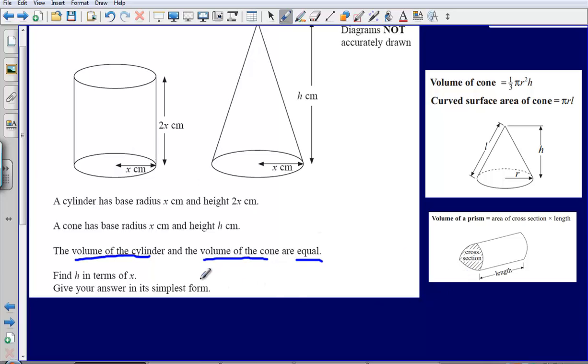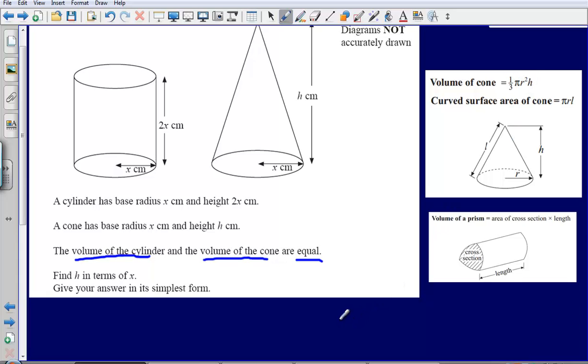So what I can say first of all is let's write out the volume of a cone using the values that we've been given here. We've been told that the radius is x centimetres, so I'm going to substitute that into my formula.